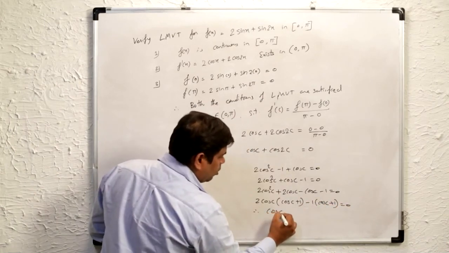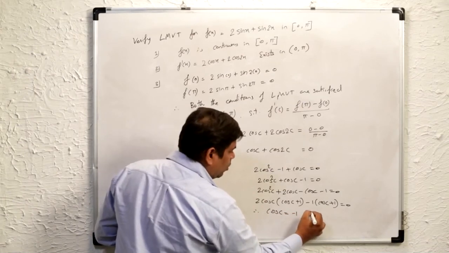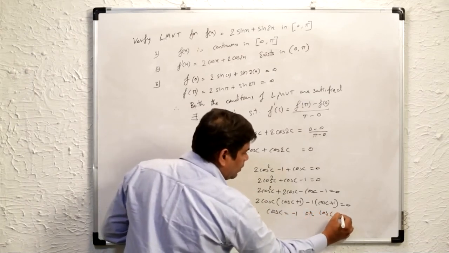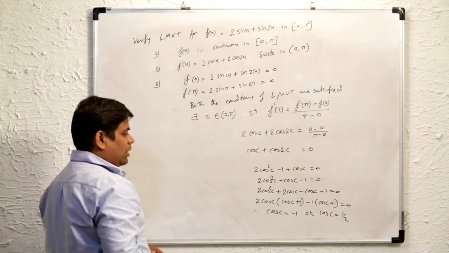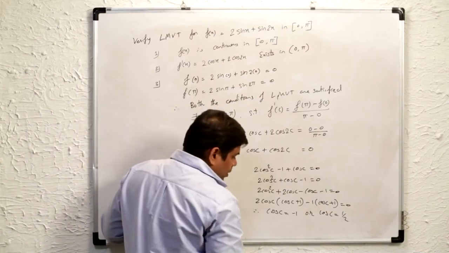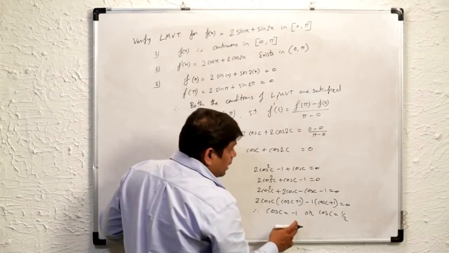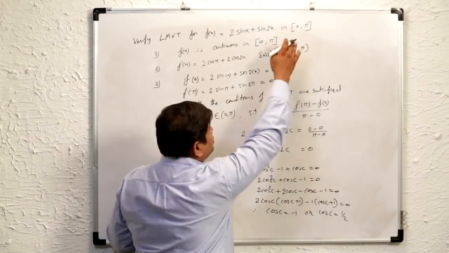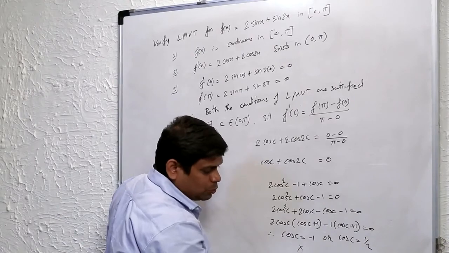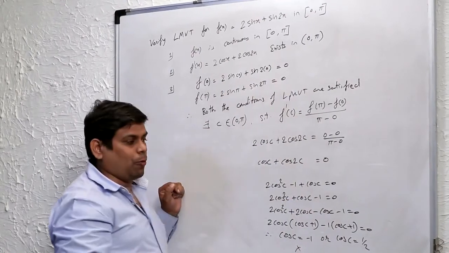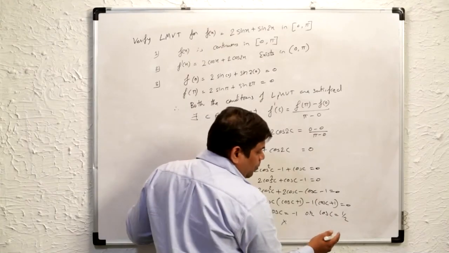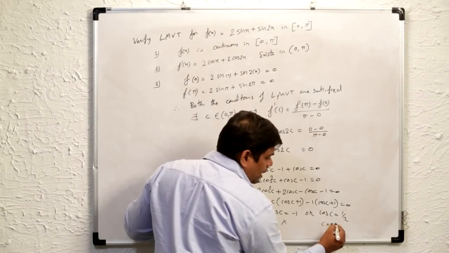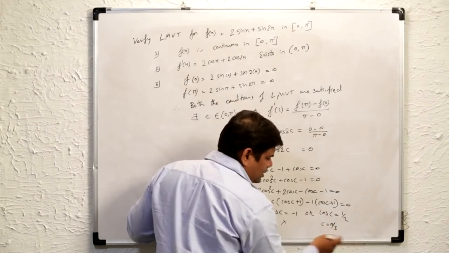Therefore, you get cos C is equal to minus 1 or cos C equal to 1 by 2. Cos C equal to minus 1 will give you answer as pi or minus pi, so this doesn't lie between 0 to pi. So this doesn't have any solution for this range 0 to pi. We have to write cos C is equal to 1 by 2. Therefore, C is equal to pi by 3, 60 degree.